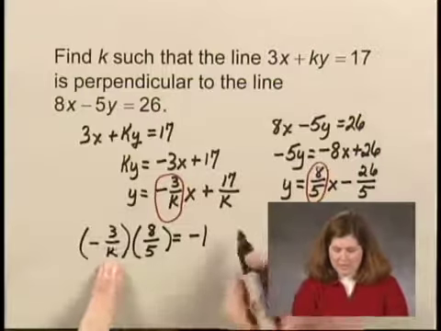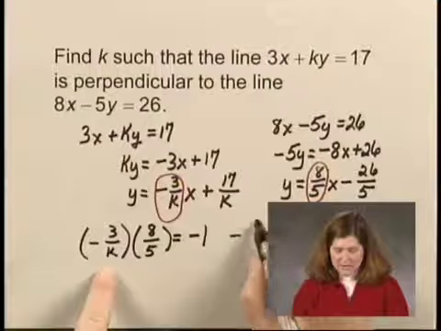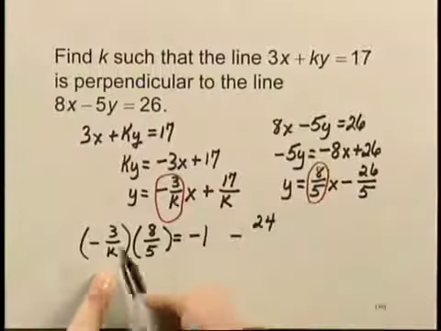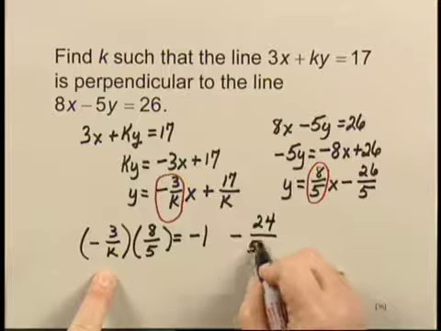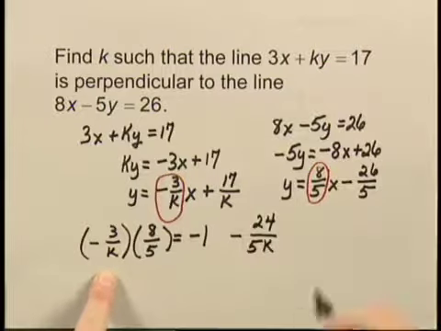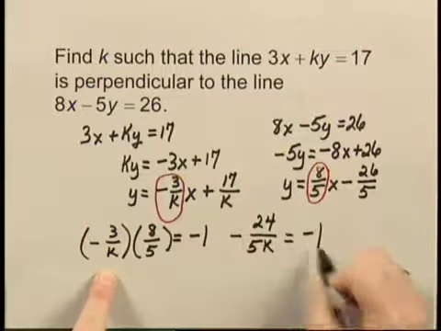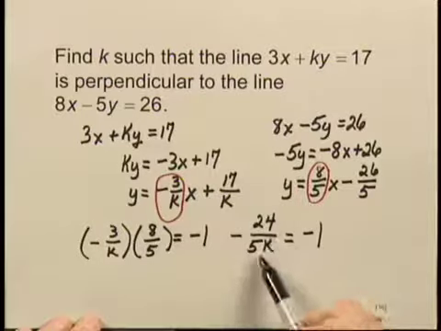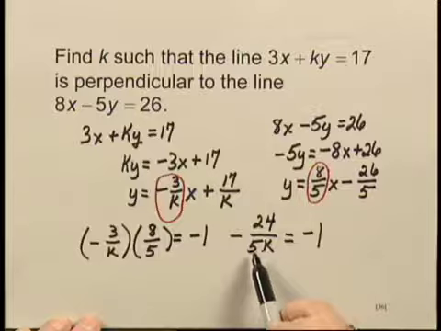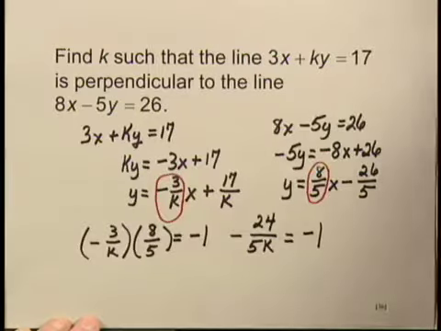If I multiply, I have -24 multiplying numerators over 5 times k multiplying denominators has to equal -1. Now I have a fraction here, and I'm going to multiply both sides of the equation by 5k in order to solve for k.